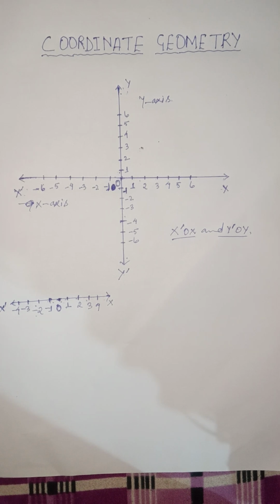And in the downside, whatever numbers you have on the y-axis downward belong to negative. All these numbers will be negative, and we call these the negative directions on the y-axis.